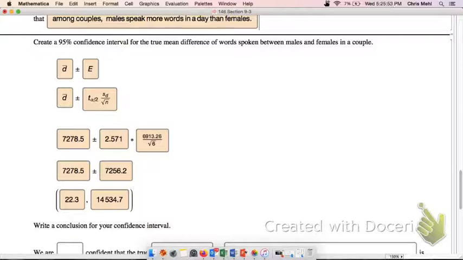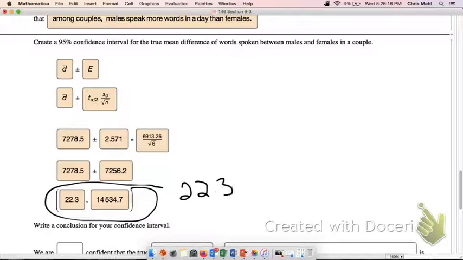Okay, so with 95% confidence, you estimated the true mean difference in words spoken in a day between males and females, amongst all couples, is between 22.3 and 14,534.7. Now, just like above, remember the differences were calculated by doing males minus females. One thing to point out: in your confidence interval, both estimates are positive.